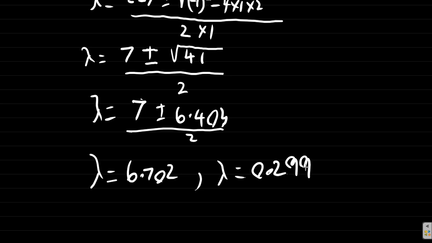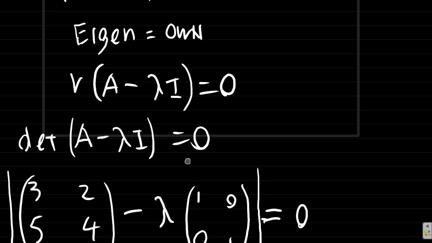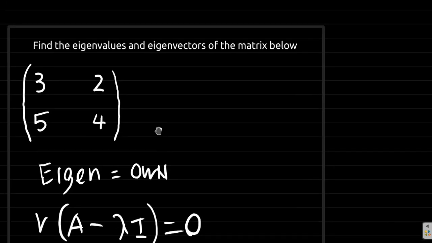Yes, so these are the two eigenvalues: 6.702 and 0.299. So far we see that lambda equals 6.702 and lambda is also equal to 0.299. Let me rewrite this 0.299 here.